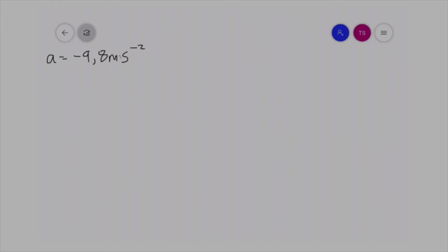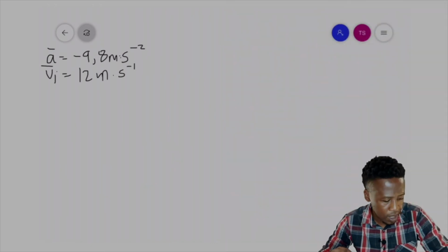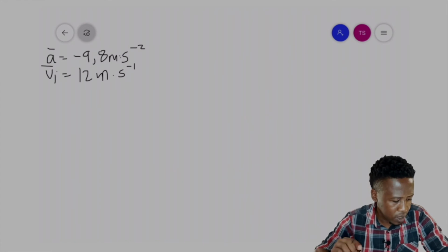Let me just do this. We know our initial velocity, which is 12 meters per second. And then what do we know again?